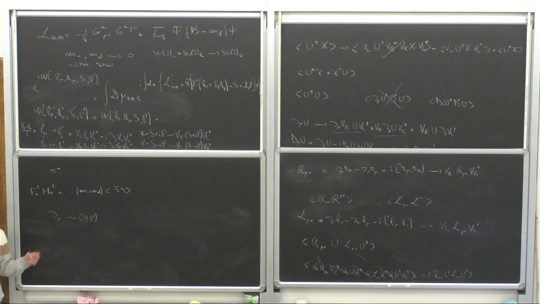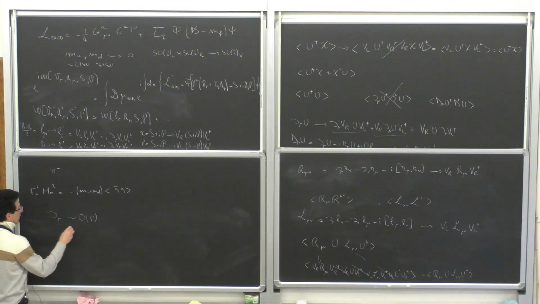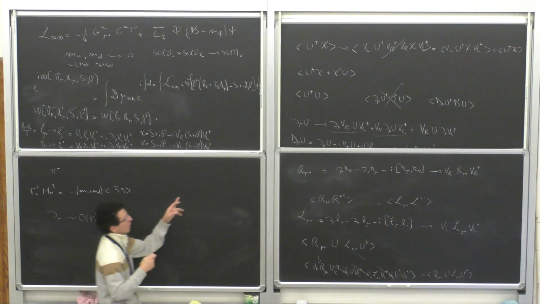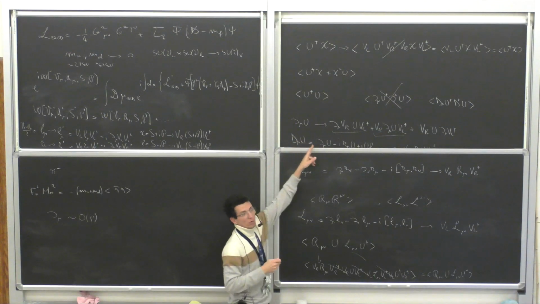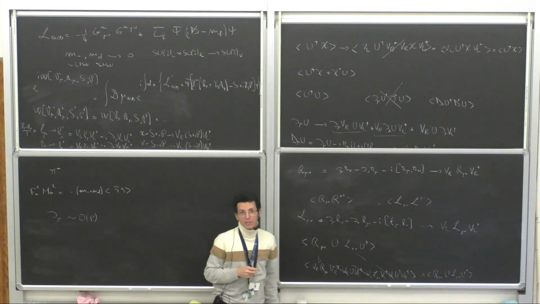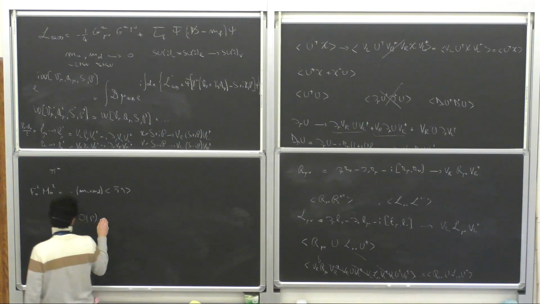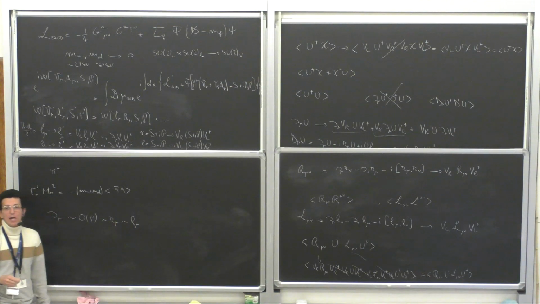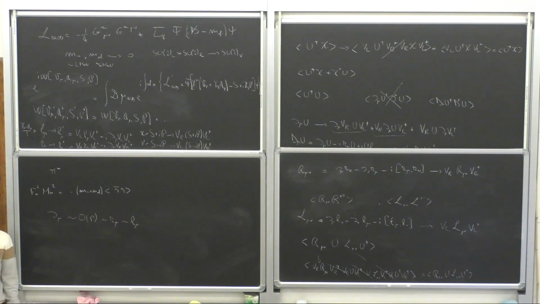Also, since the derivative is combined with the sources in the covariant Lagrangian, the sources R mu, L mu must go like order P. Okay, these are the rules of the game.